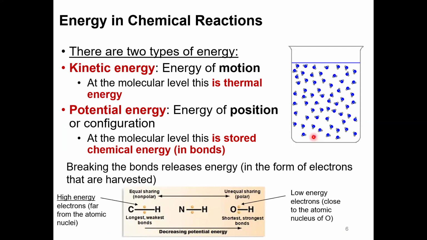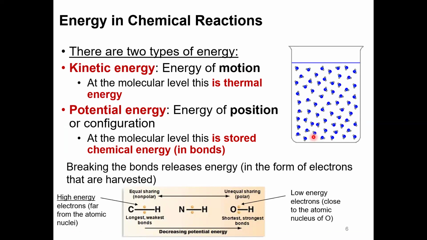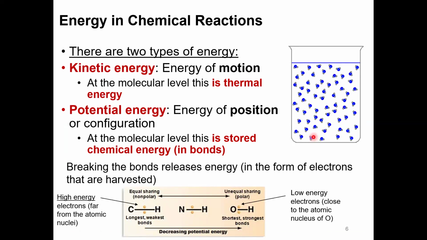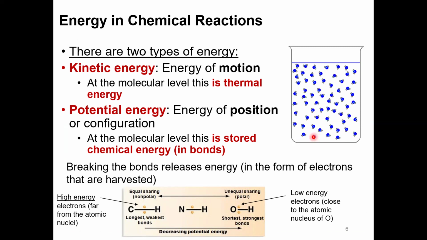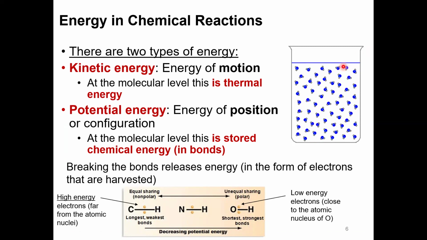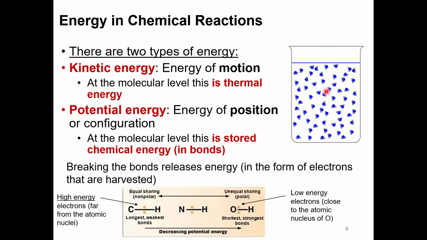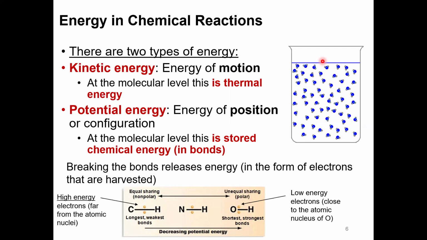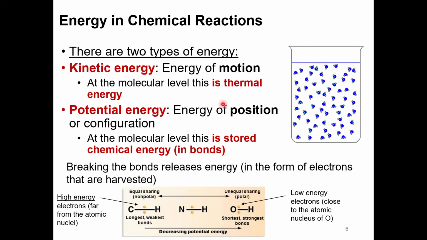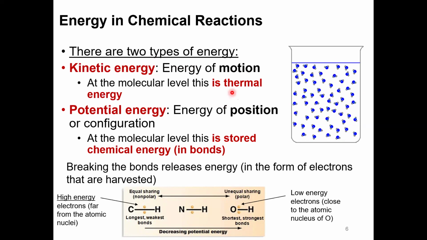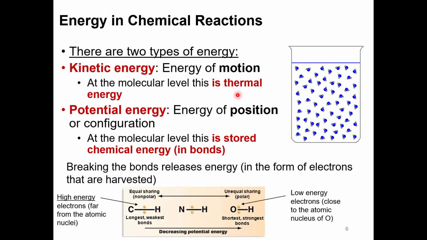So now, energy within chemical reactions: these are the same types of energy. Kinetic is the energy of motion, where depending on the thermal energy, molecules keep moving around, bouncing off. At the molecular level, this is actually called thermal energy.